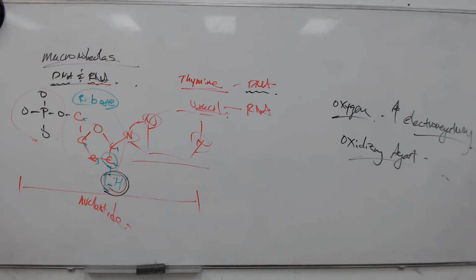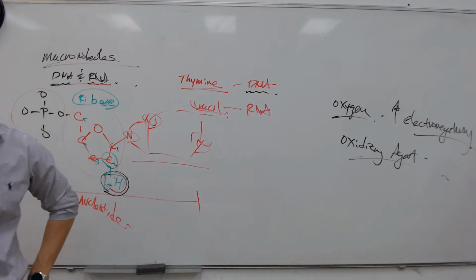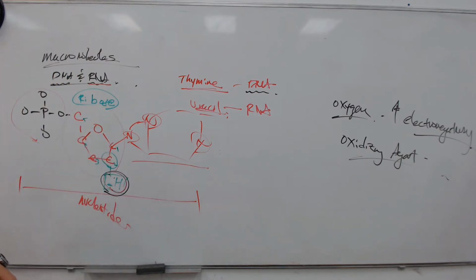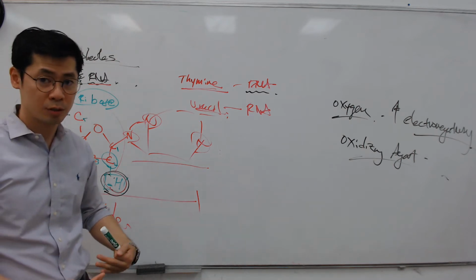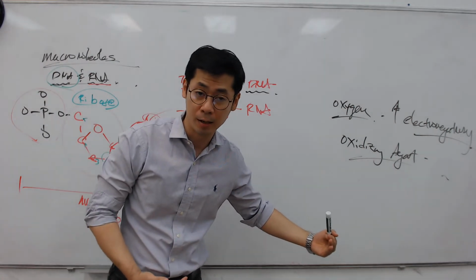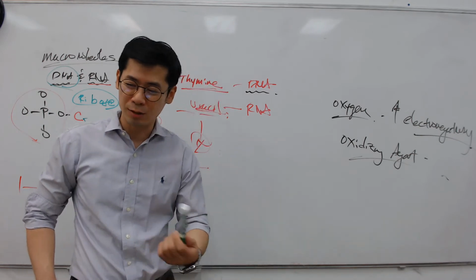That's one reason. This is all speculation, by the way. No one knows what happened in 1 billion years. That's one of the reasons they think we evolved to use DNA: less reactivity.